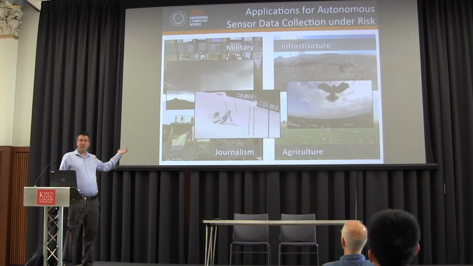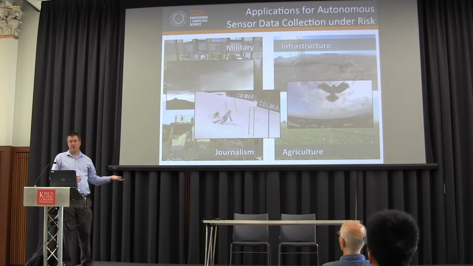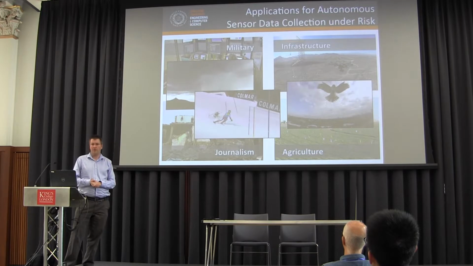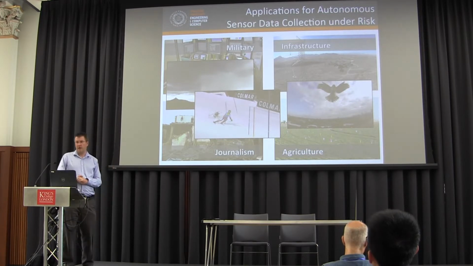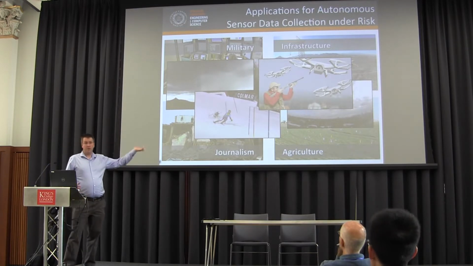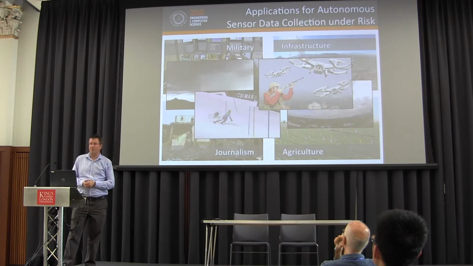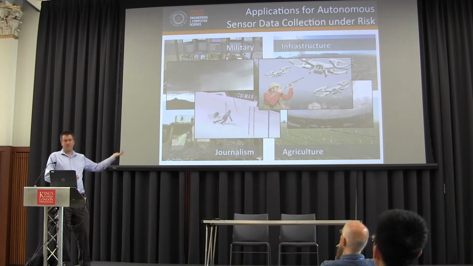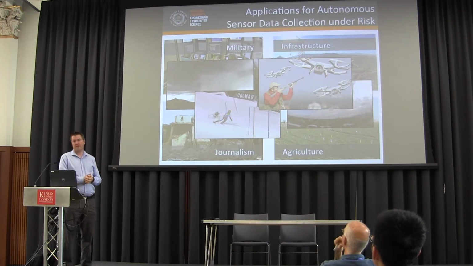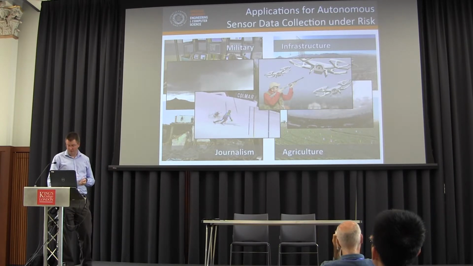There have been examples of mechanical failure during operation, especially with these lower cost platforms. You're trading off quality, you're trading off mean time to failure. So it's certainly an issue. And finally, some people just don't like the idea of things flying around looking at things on their property or near their property. So certainly in a military context, you may even have civilians that are just quite willing to take potshots at things just for either their own amusement or the belief that you're doing them some harm.